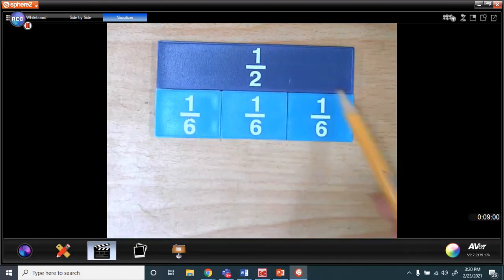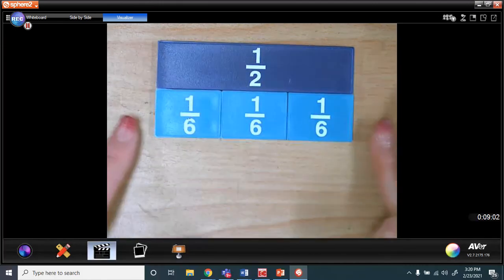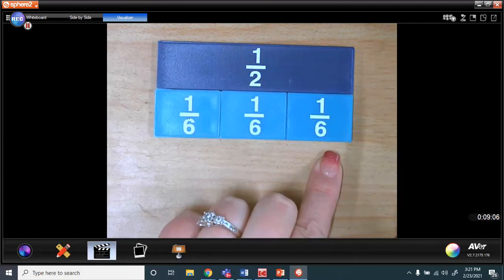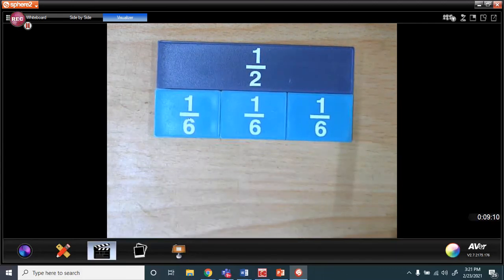You can't use 3/6 because we've already used 3/6. Are there other fractions that you can find that are equal to the same as half? And that's your problem of the day. So find another fraction that is equal to half and not using 3/6.